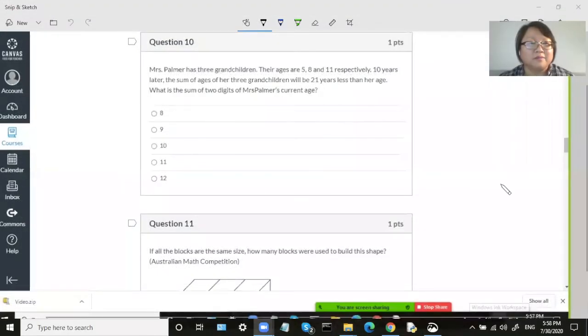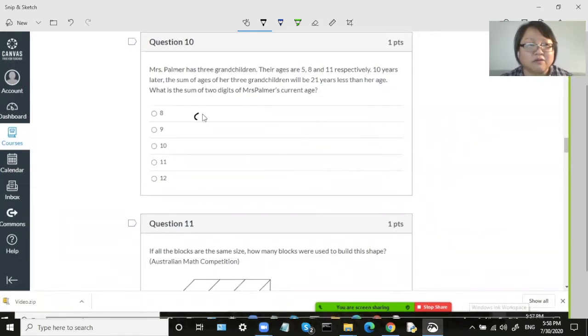Problem 10, Mrs. Palmer has 3 grandchildren. Their ages are 5, 8, and 11, respectively. 10 years later, the sum of ages of her 3 grandchildren will be 21 years less than her age. So what is the sum of the 2 digits of Mrs. Palmer's current age?